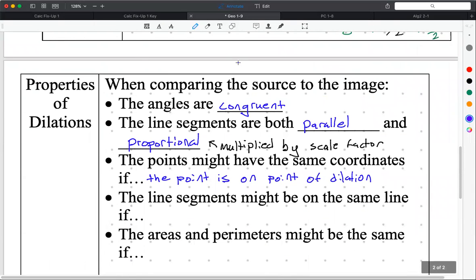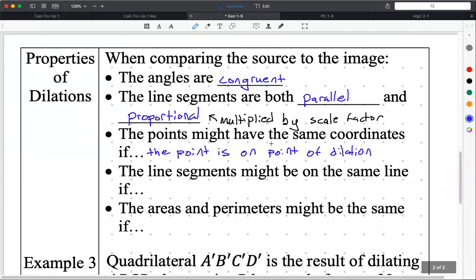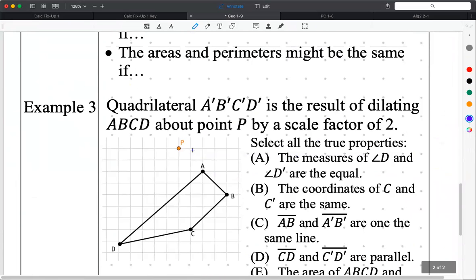All right. So another interesting property is that the line segments might be on the same line, and that actually happened to us, right? Look up here. No, we didn't. Do we have one down here? Yes, we do. This line segment right here will be on the same line down here.